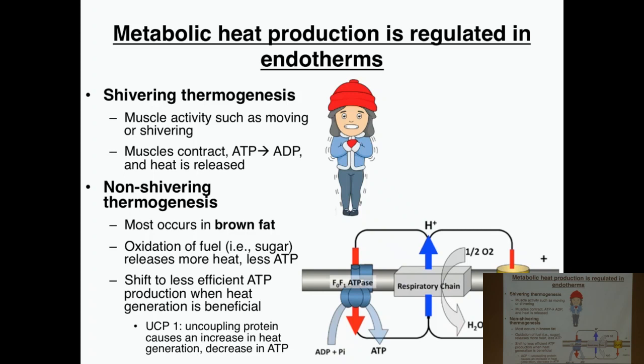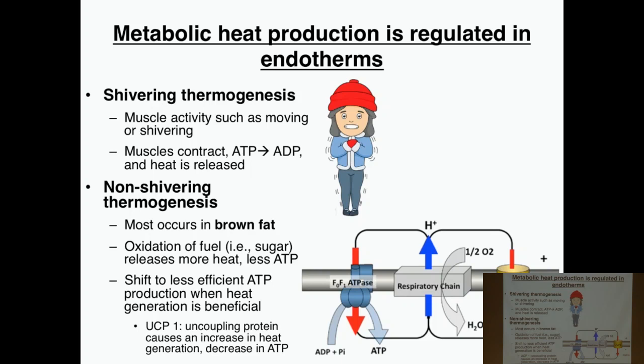If instead of making lots of ATP, you want to generate lots of heat, you can send those protons through a protein called UCP1, or uncoupling protein 1, and that literally just dissipates the energy as heat. And so you won't get ATP. Instead, you'll generate lots of heat, and it is actually quite effective in terms of heat generation. And that's called non-shivering thermogenesis. Thermo is heat, genesis is production or making.